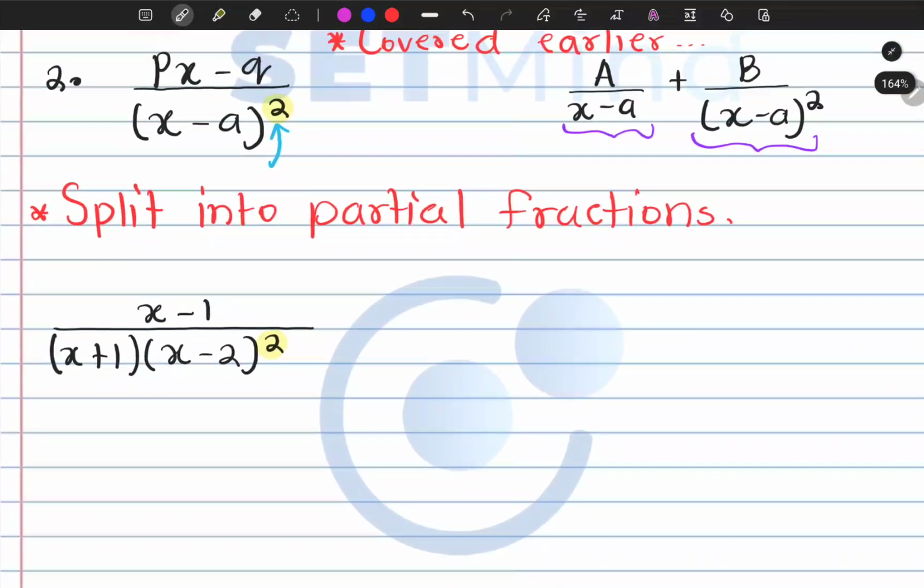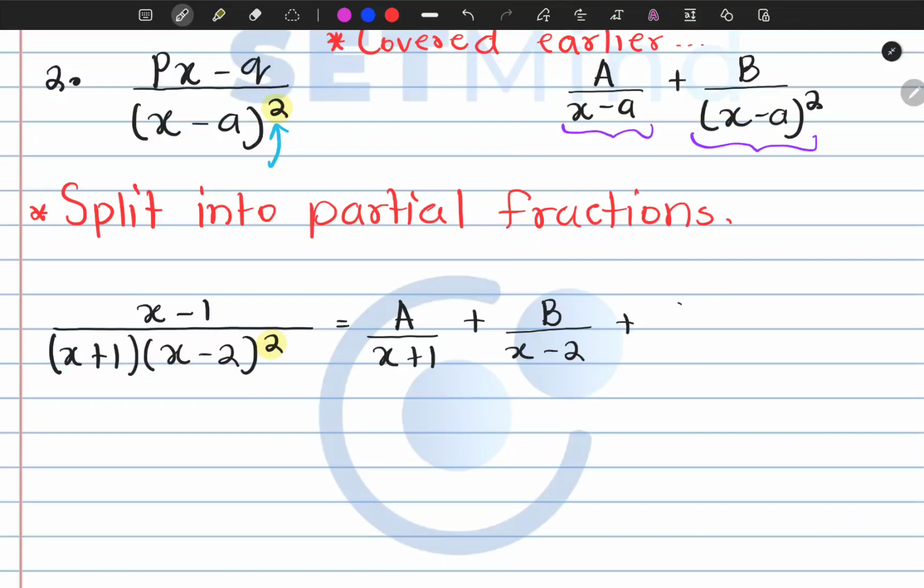So for the linear factor, which is x plus 1, all it's going to be is just a divided by x plus 1. Then for the other portion, which is a repeated linear factor, I'm going to have b divided by x minus 2, plus c divided by, because it is a square, I need to include the other term squared.